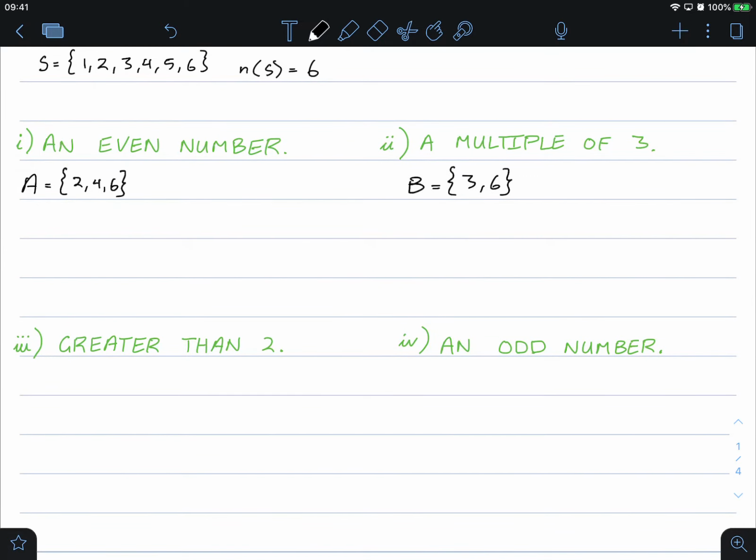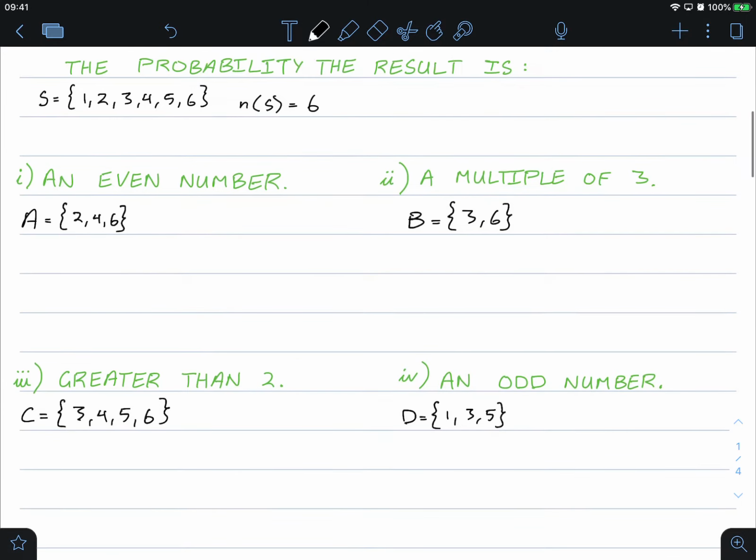Numbers greater than 2, let's call this event C. Greater than 2, not including 2, are 3, 4, 5, and 6. And lastly, let's say odd numbers are event D. The outcomes for this are 1, 3, and 5.